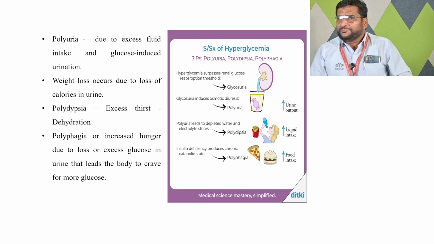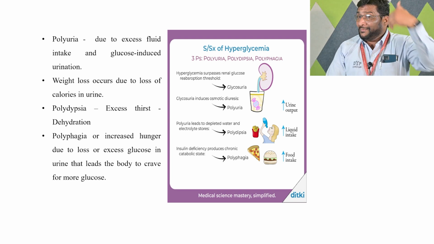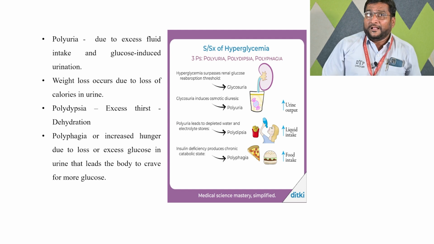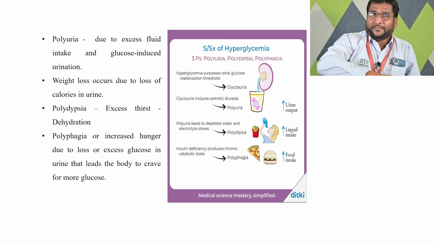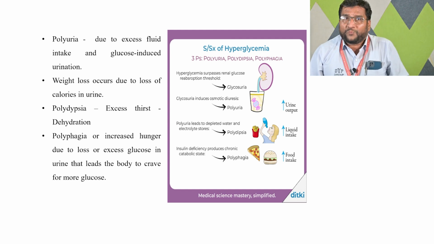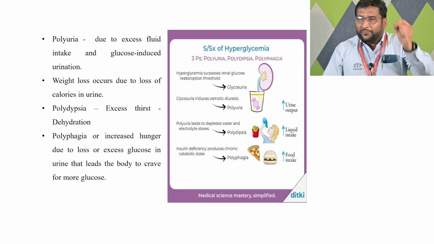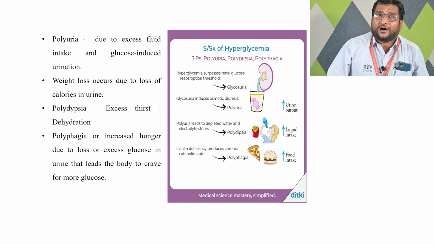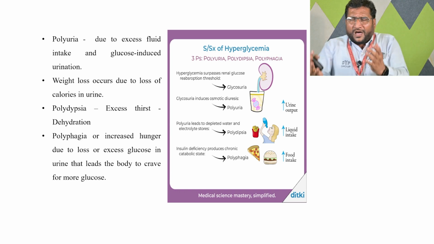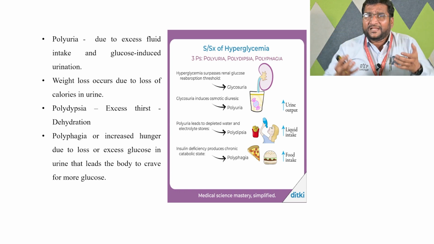The third is polydipsia. With excess loss of urine, there may be chances of dehydration. That's why there is excess thirst, and this condition is called polydipsia. Finally, polyphagia, or increased hunger, due to loss of excess glucose, because body cells are always in need of energy.